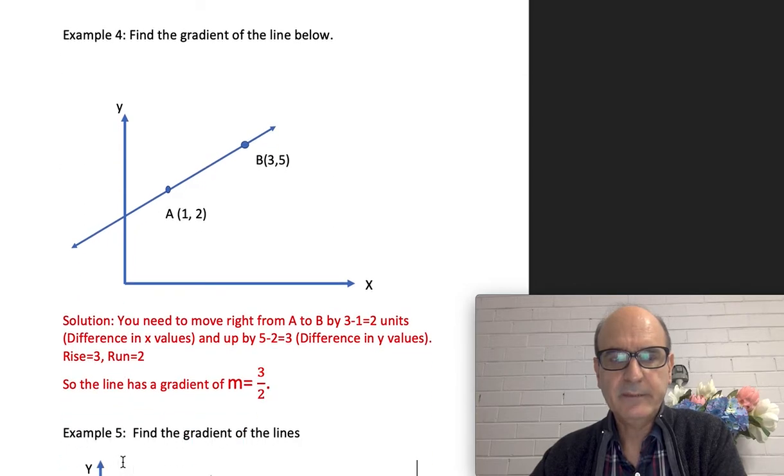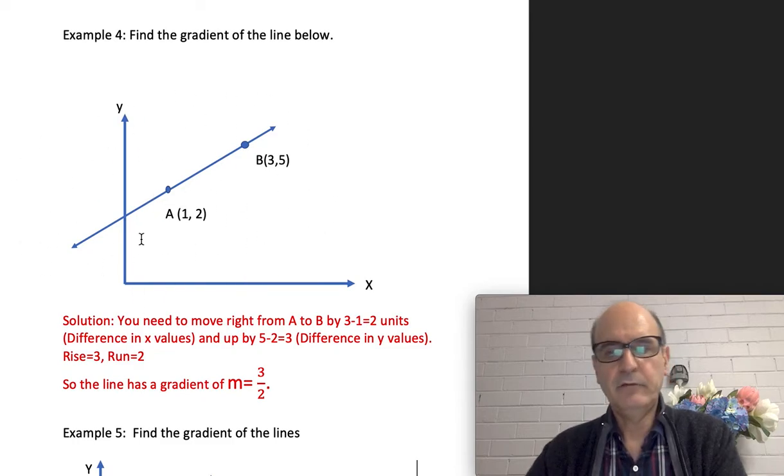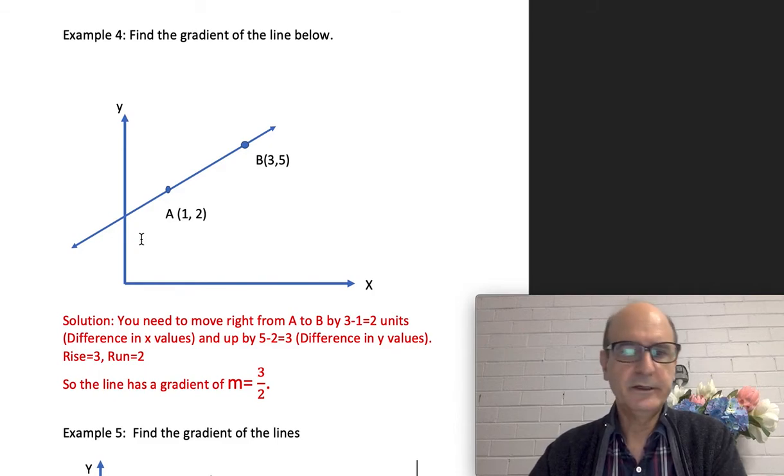And example 4, again, I've got a straight line here, and they have given me 2 points on the line, and again, I don't have any divisions here. I want to find its gradient. To find the gradient, again, this point is on the left. I start from this point, I go across, then I go up to reach the second point.